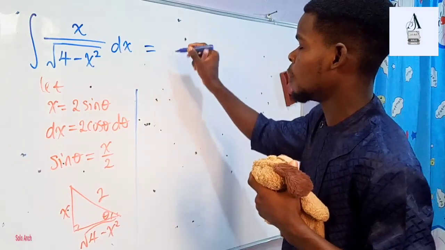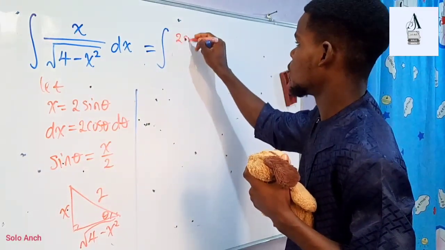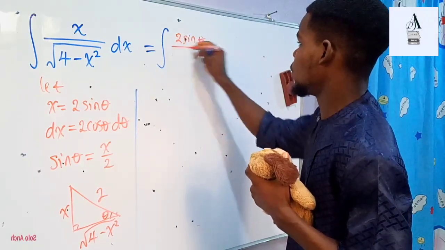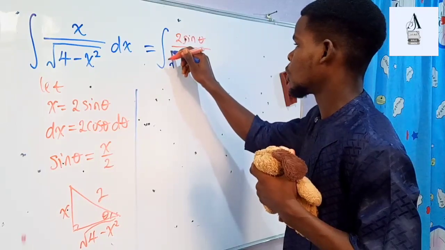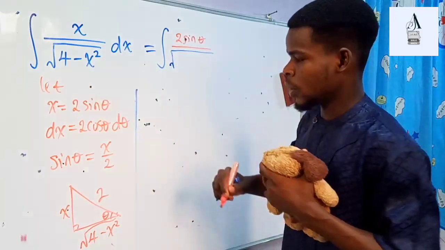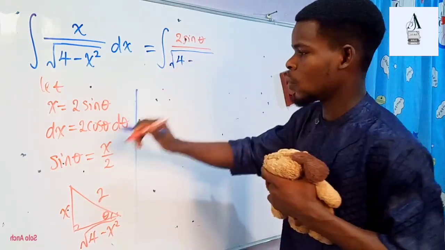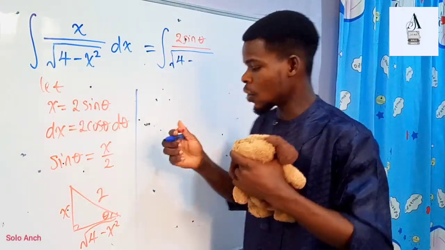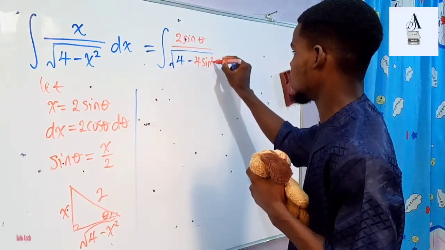This integral will become the integral of x, where x is just 2 sine theta, divided by the square root of 4 minus x squared. So we're going to have 4 minus x squared, where x is 2 sine theta, so x squared will be the square of this. That will be 4 times the square of sine theta.